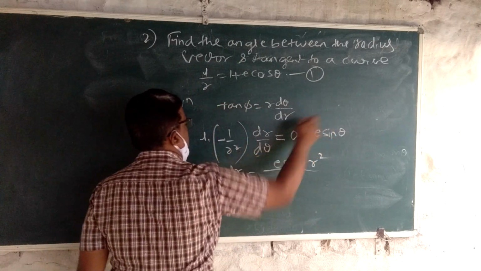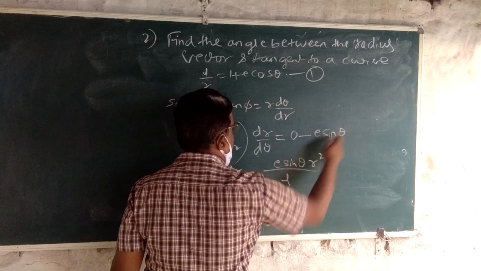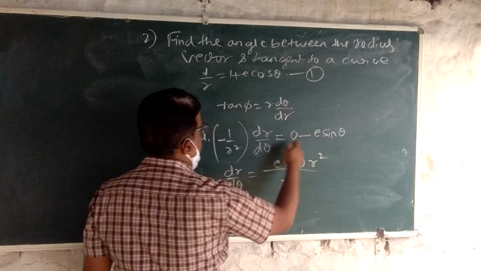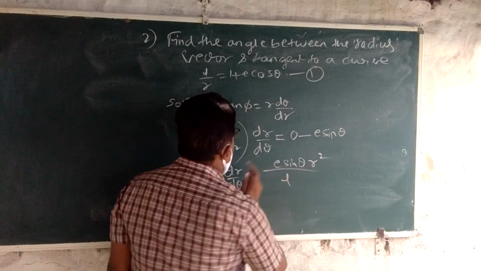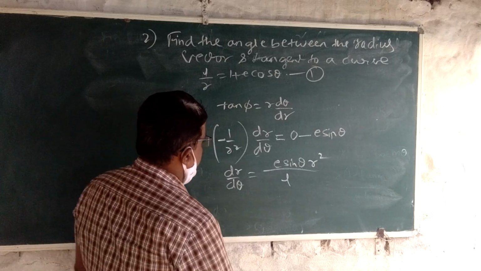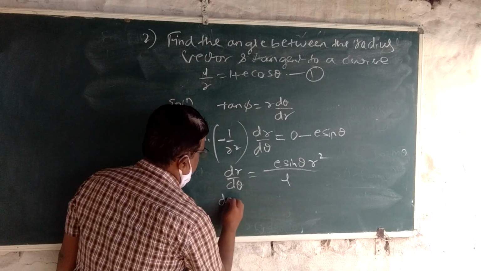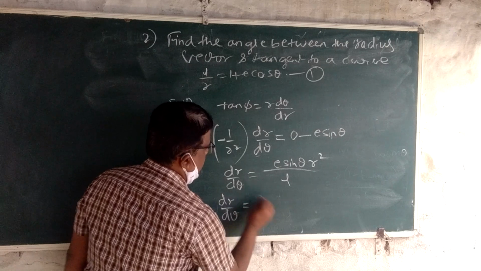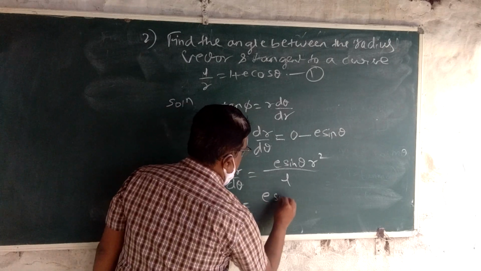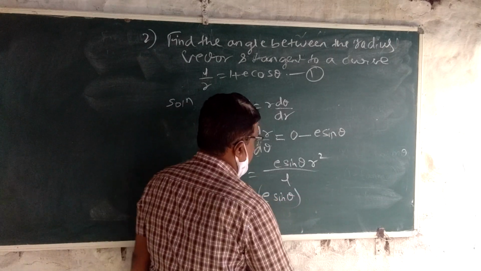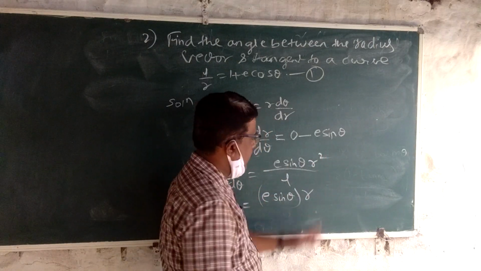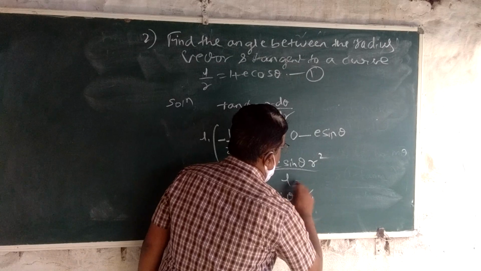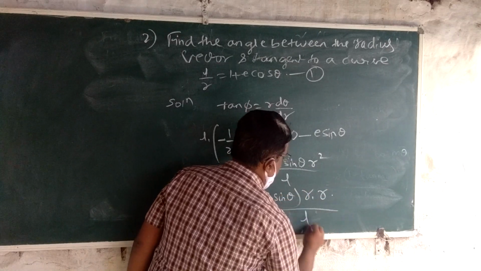Cross multiply here. This r² goes in the numerator. So e sin θ r², and this l comes in the denominator. So dr/dθ is e sin θ r² divided by l. Now e sin θ as it is, and here r² is there, so write one r here and another r here, divided by l.